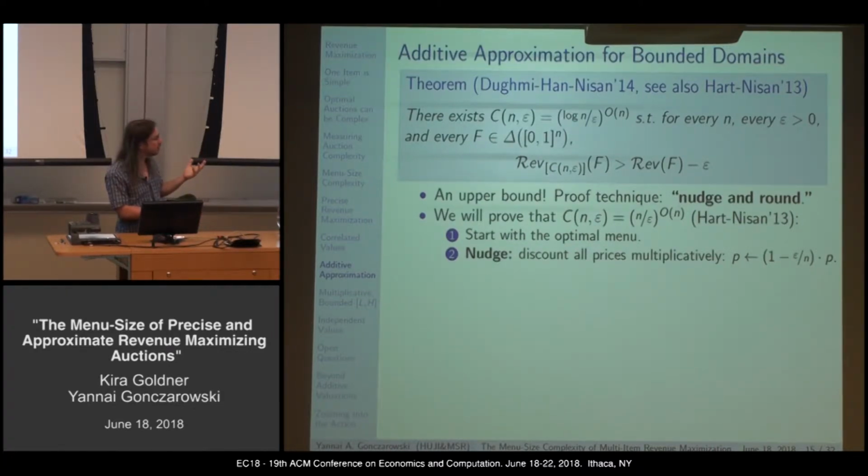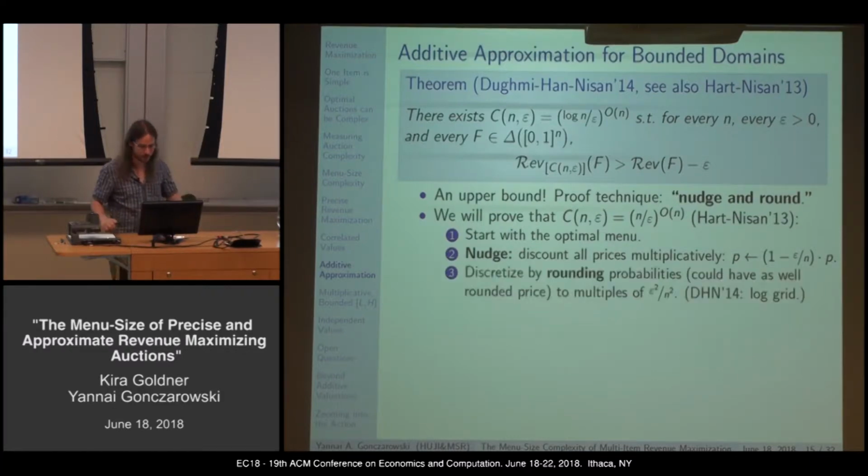As you can see, the additive discount is greater as the price is higher. Then we're going to have the round step. We're going to discretize the menu by rounding all of the probabilities to multiples of epsilon squared over n squared. We'll see soon why this resolution is good. We could have just as easily rounded the prices.